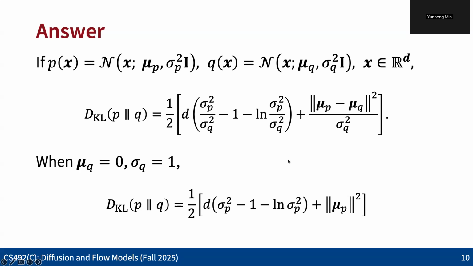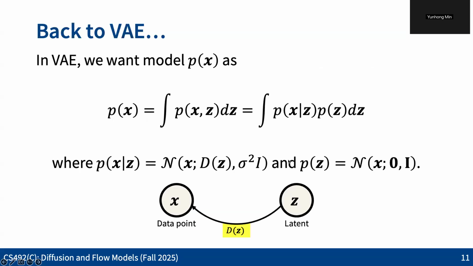Okay, and the basic idea for the VAE, if we go back to the VAE, basically we want to define the mapping from the latent to the data distribution as kind of a sampling process. So now the decoder becomes basically predicting the mean of the likelihood distribution, x conditioned by z, right?